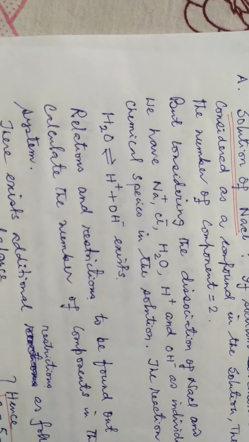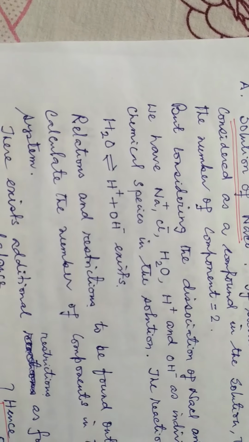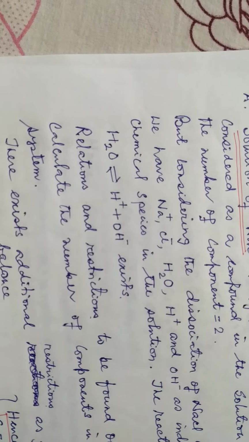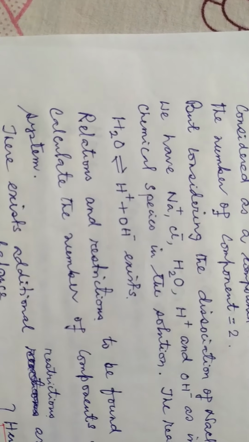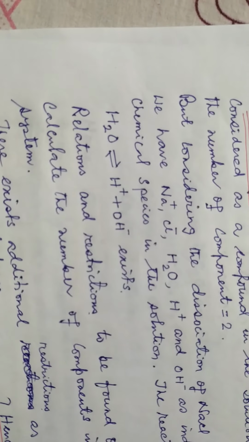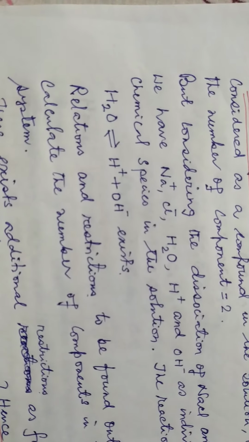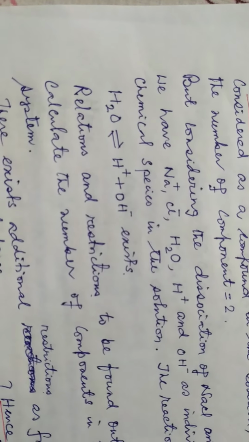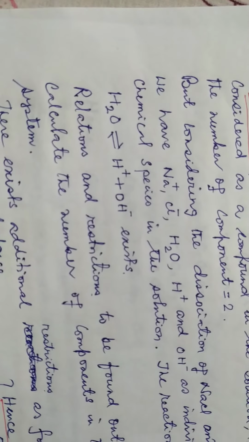Sodium chloride is a strong electrolyte, so it will undergo dissociation. So in the solution we will have Na plus, Cl minus, and further, if dissociation of water is also considered, the water molecule, H plus and OH minus.